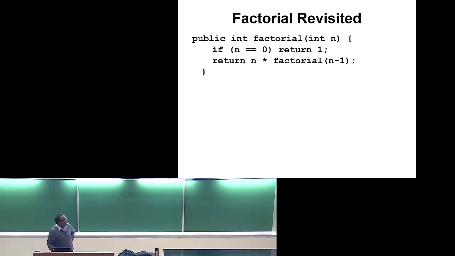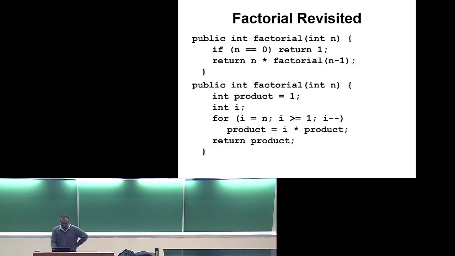So the factorial version that you're looking at right now is tail recursive. Why? Because if you pay attention to the whole method, the recursive call is the last computation of this method.